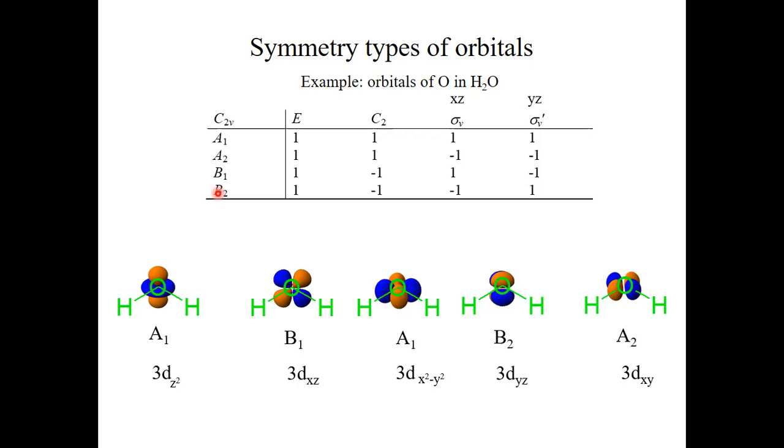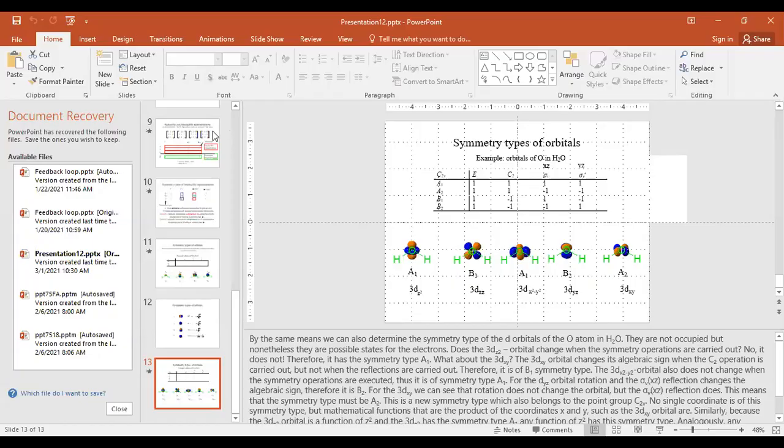Okay, so now a complete set of irreducible representations for a specific point group constitutes what is called a character table. And you see here the complete character table for the point group C2V. So let us analyze the character table in a little bit more detail.